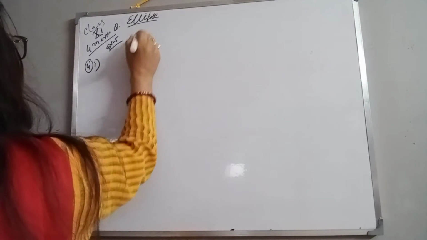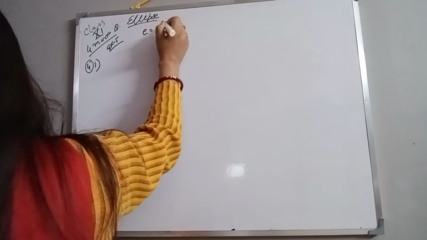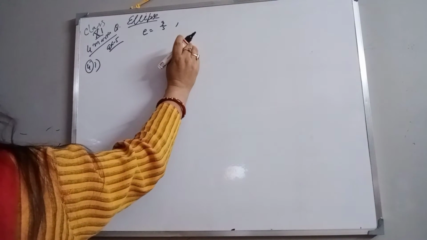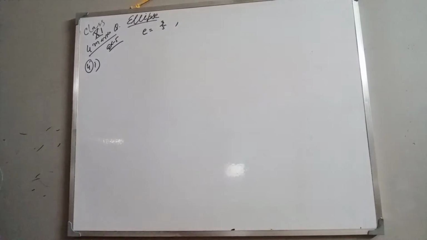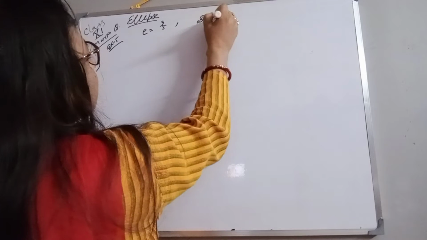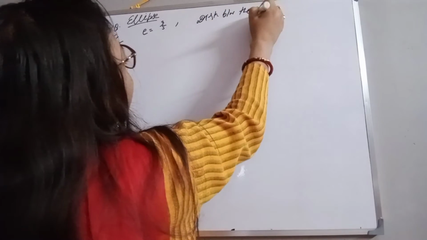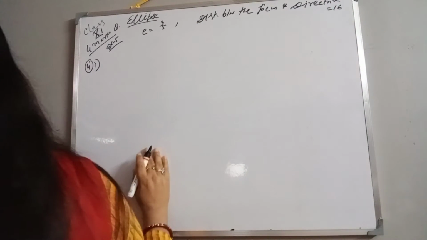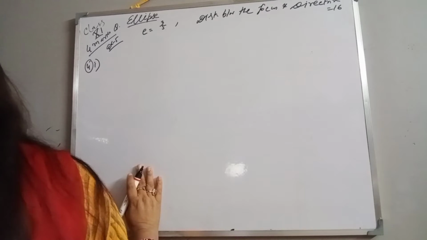Now eccentricity is given to us, that is e equal to 3 by 5, and the distance between the focus and directrix is equal to 16 units.